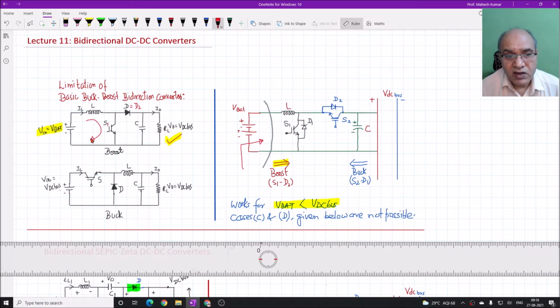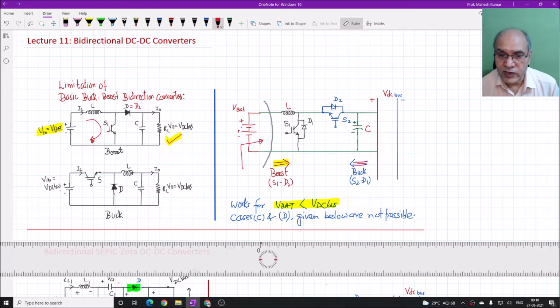Correct? Now if I want to transfer power from DC bus to battery side, then it is the charging mode for the battery. In that case, the battery is acting as the load and the DC bus is acting as the source.